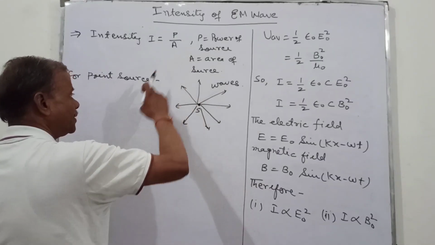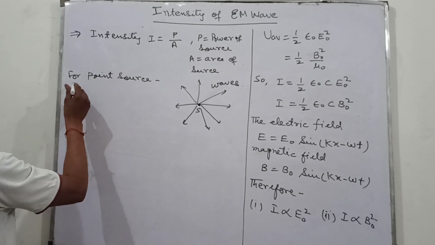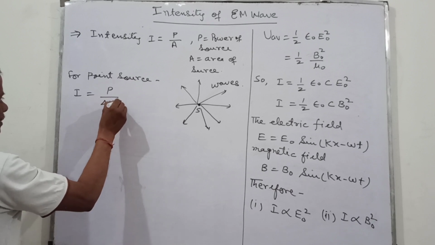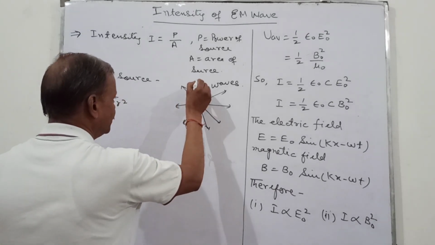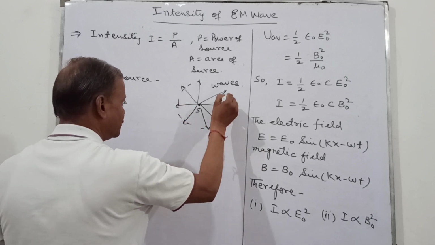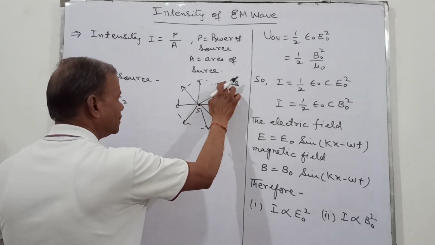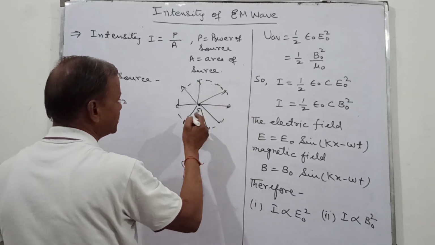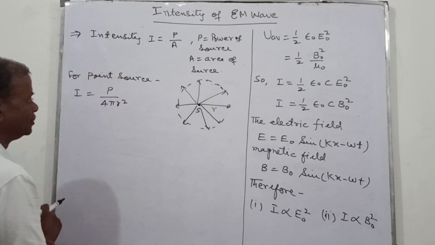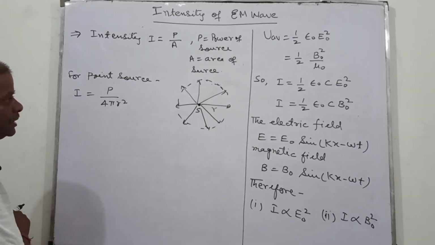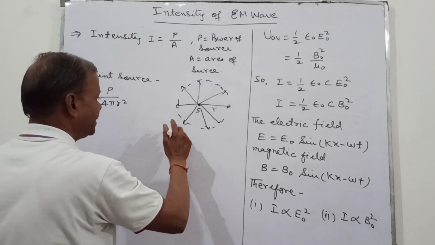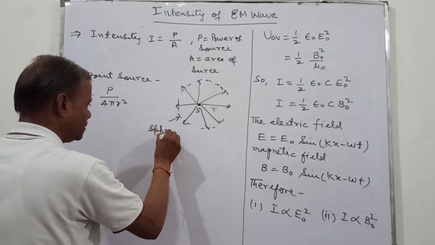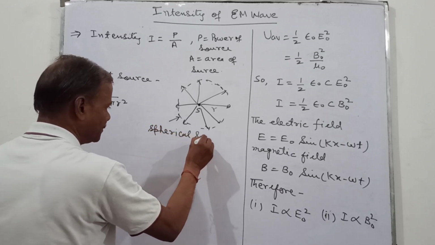So this is the spherical surface. So in that case, now this I is equal to P upon 4 pi r square, or the distance. Suppose this is now surface, then this is now distance r. So then we have this I equal to P upon 4 pi r square, because this surface is spherical.